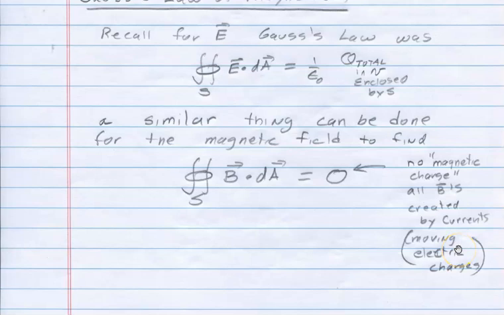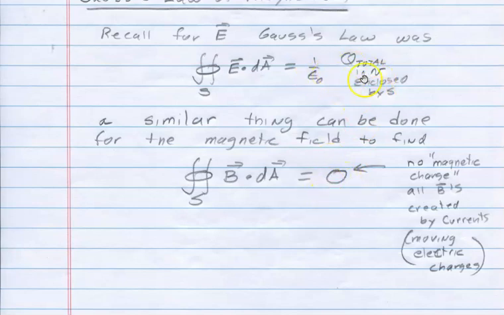However, to our knowledge and all observations to date, there is no magnetic charge. All magnetic fields are created by moving electric charges. It's not to say that in the future you might not be able to find a magnetic charge. They're sometimes called magnetic monopoles, and people do searches for these all the time. And if they ever find one, then one has a total analogy.